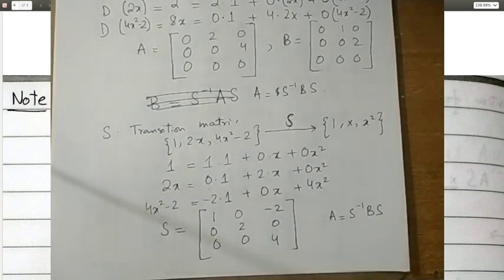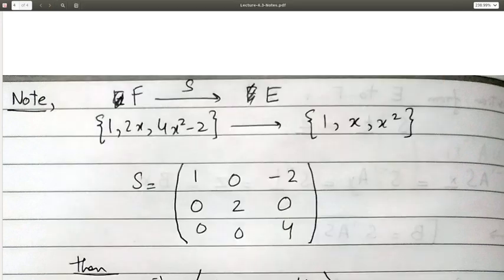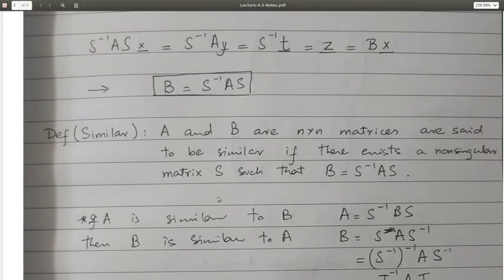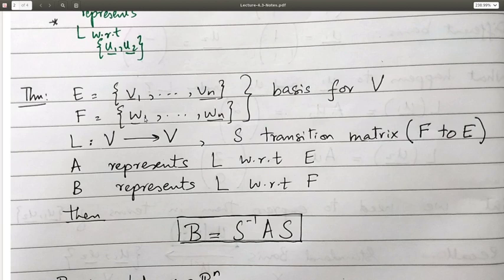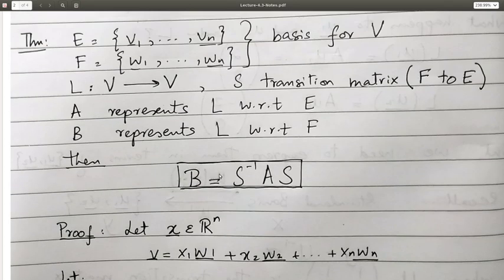the theorem, if you recall, that we're using. The theorem is that if you have two different bases, and you have matrices that represent the linear transformation in one basis and in another basis, it's the same transformation but in two different bases, then the relationship is B equals S inverse A S, where S is the transition matrix from one basis to the other. Okay, and so over here the roles of A and B have been reversed.